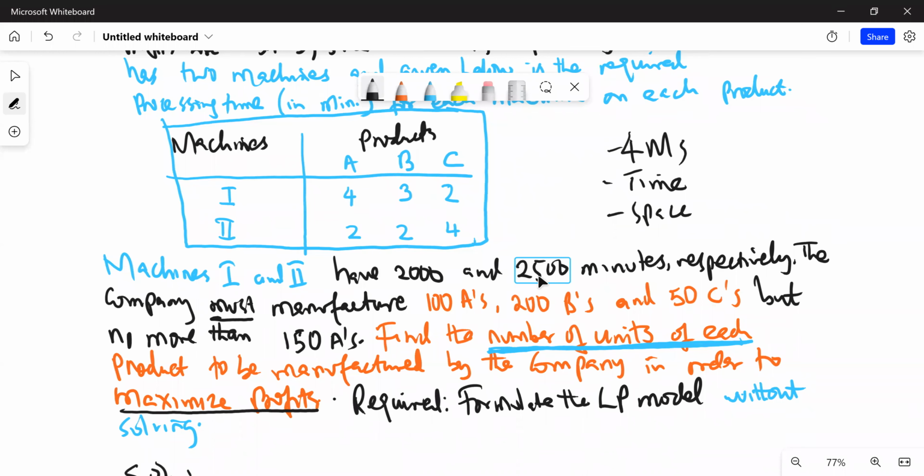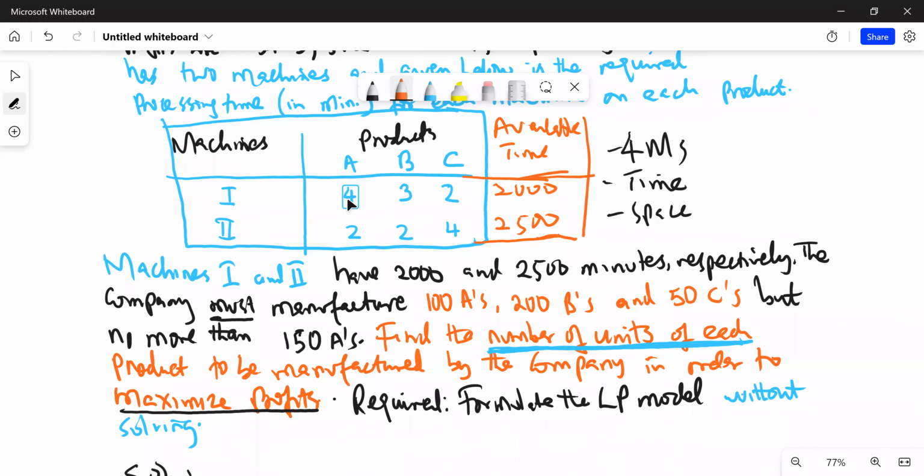So maybe this one I should have, yeah. Available time for machine 1, 2,000 minutes. And this one is 2,500 minutes. Those are the constraints that we have.